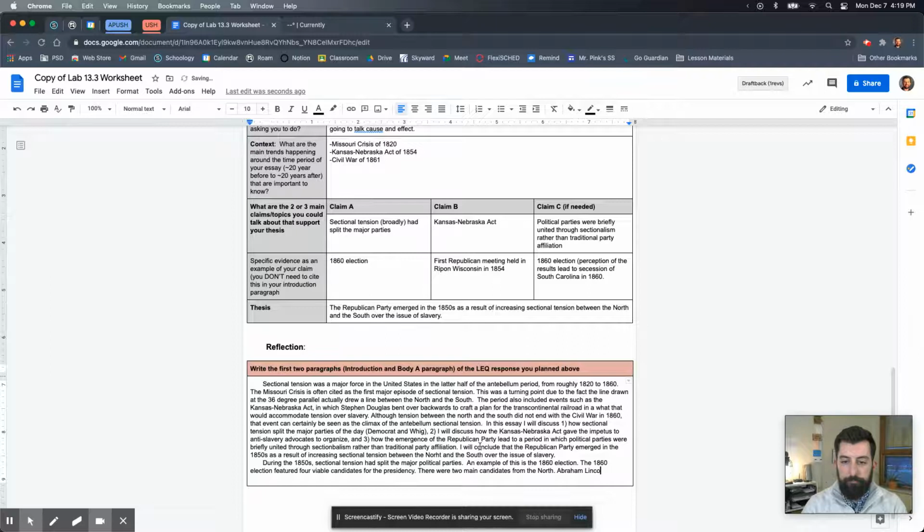Abraham Lincoln was the Republican candidate representing the anti-slavery Northerners.